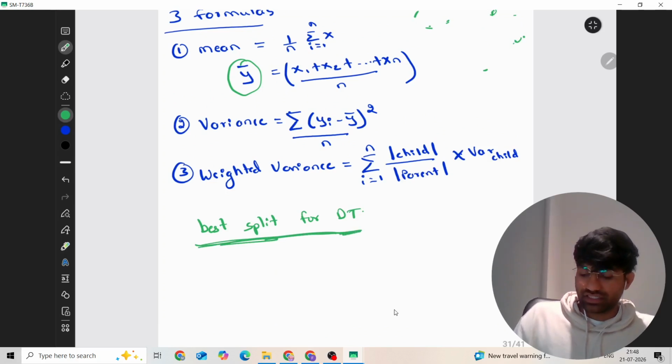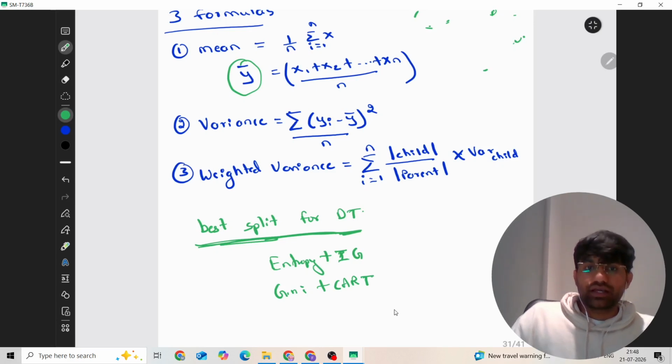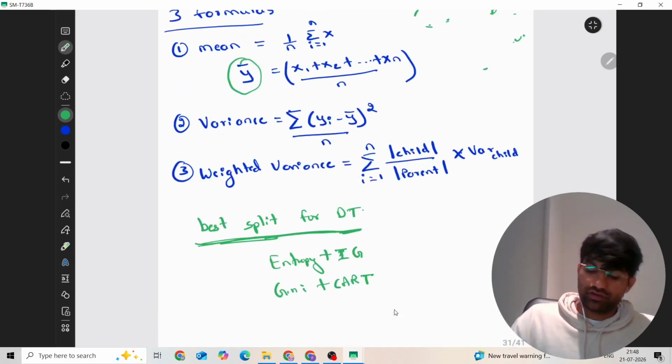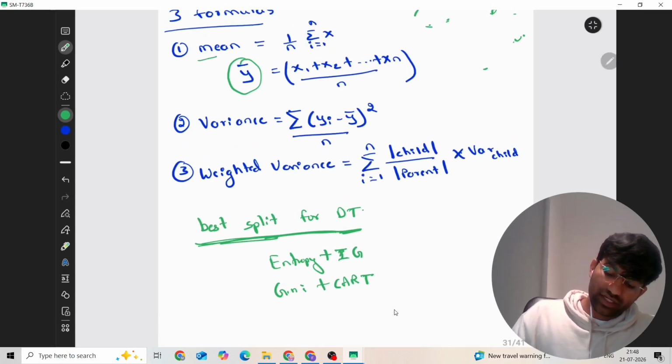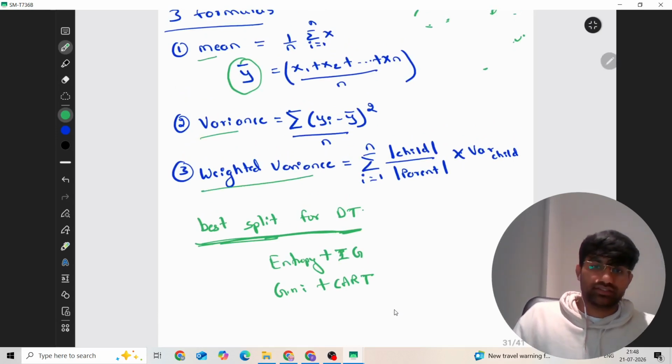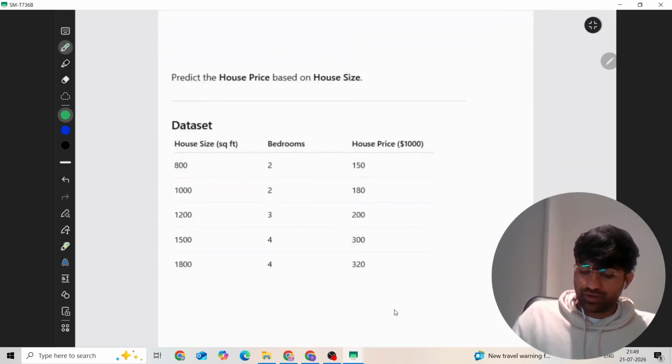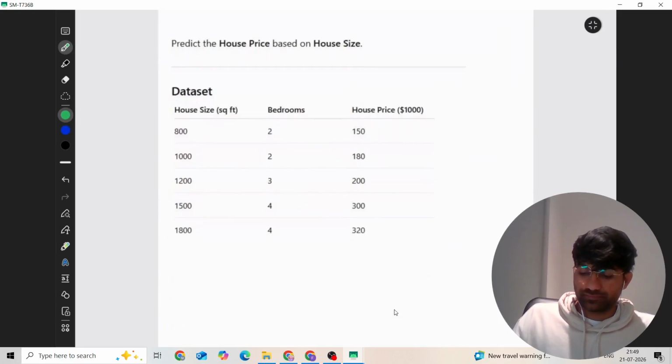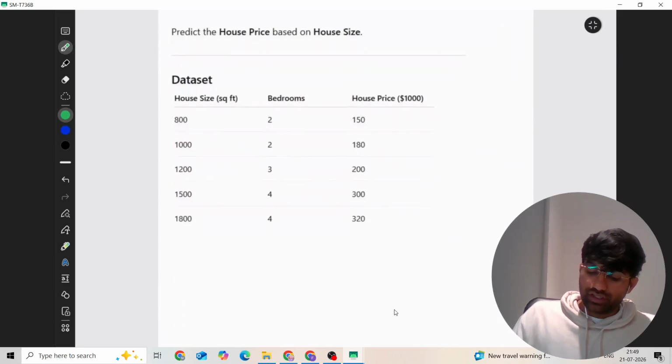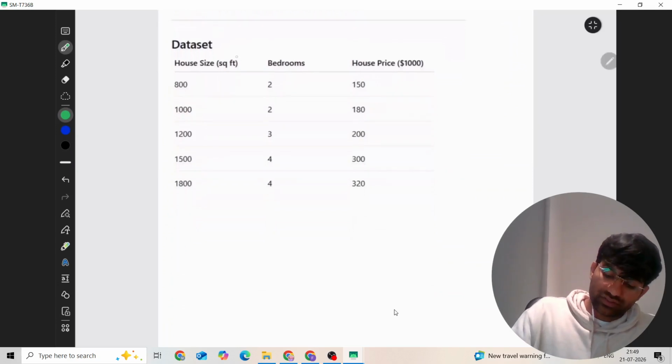Same as we did for the classification task, we are doing it for the regression task. In classification task, we used entropy, information gain, Gini impurity plus CART algorithm. But in regression task, we will focus on mean, variance and weighted variance to find the best split. So consider an example of house price prediction based on two features: house size and number of bedrooms.